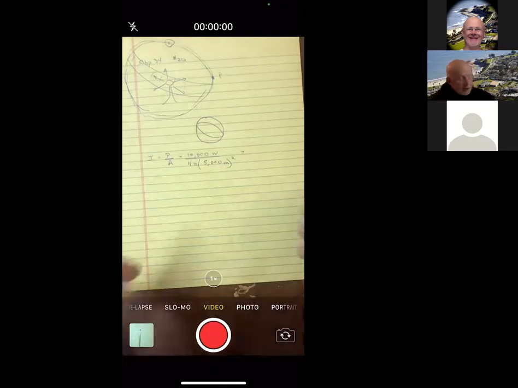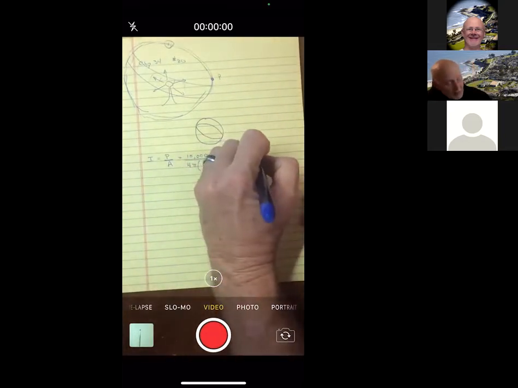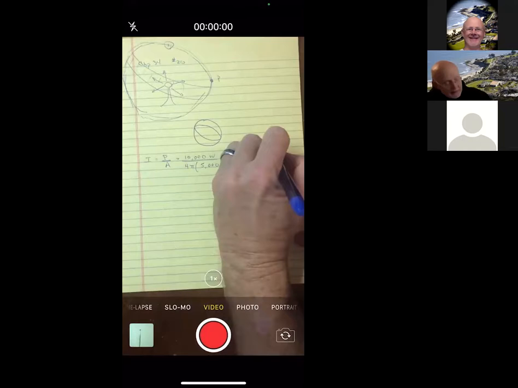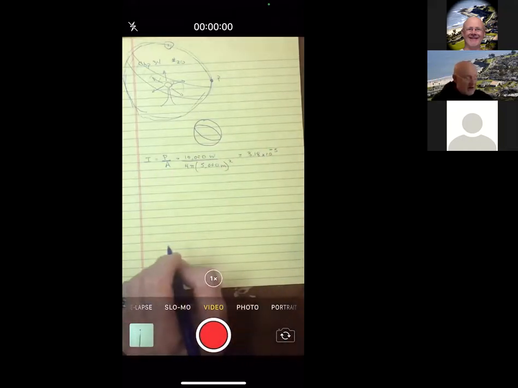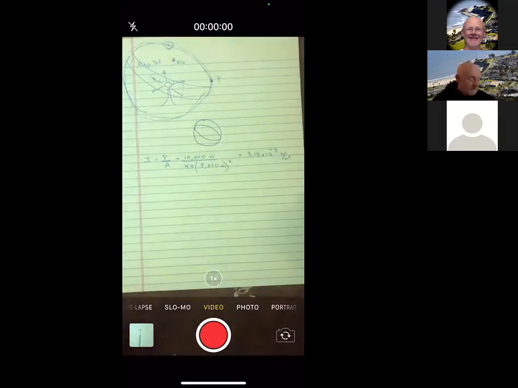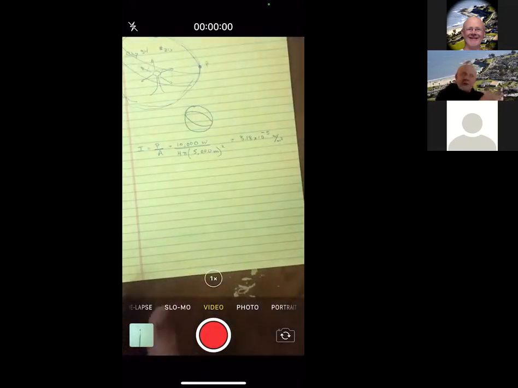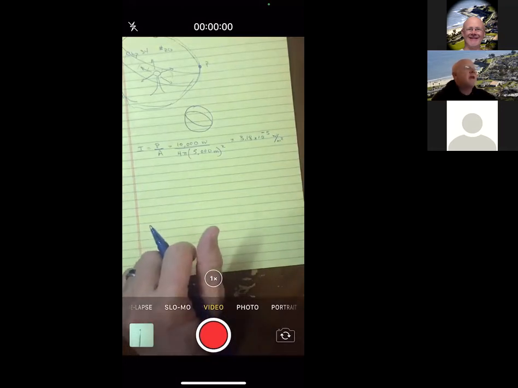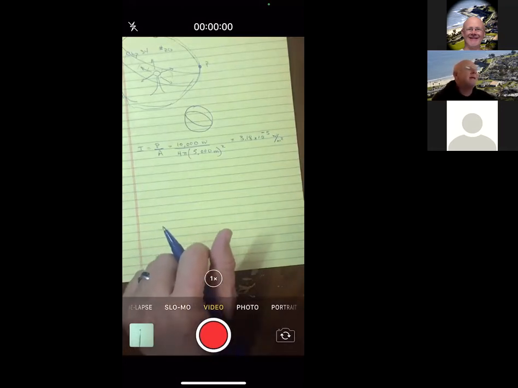And so we're looking at 3.18 times 10 to the minus 5 watts per square meter. That's the first step we did in the last problem, and the first step also in this problem is to find out what the intensity is.